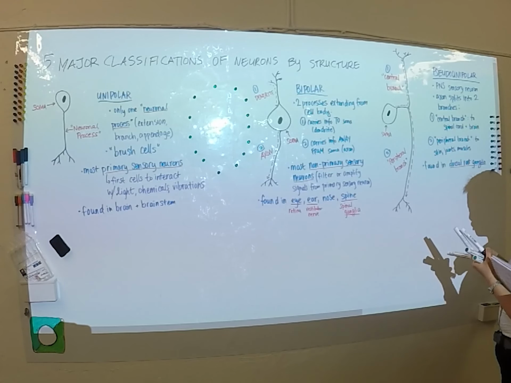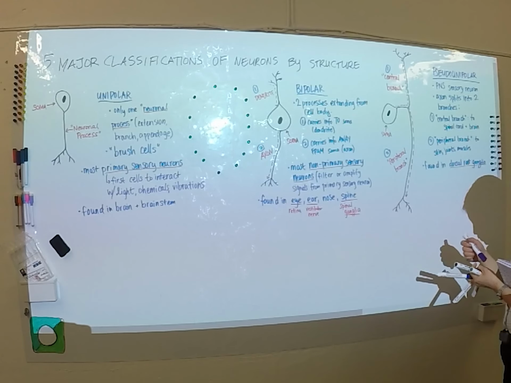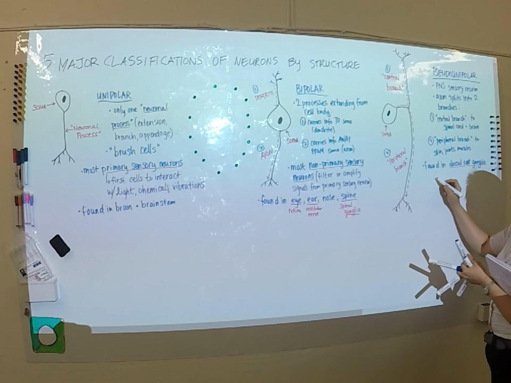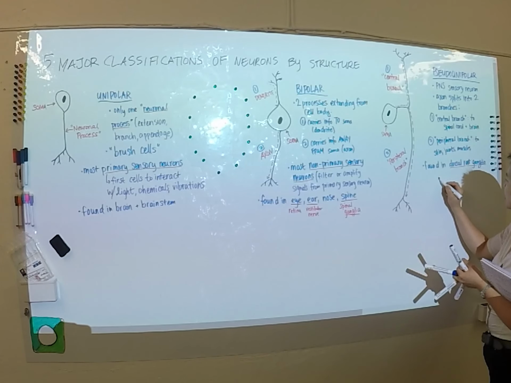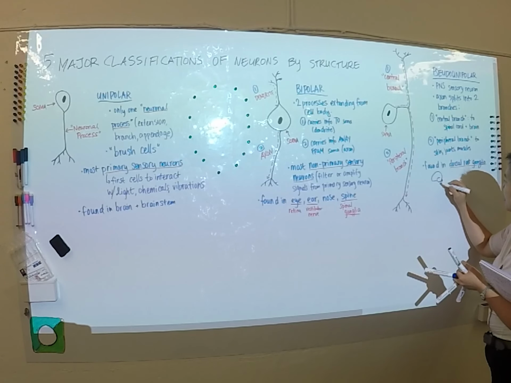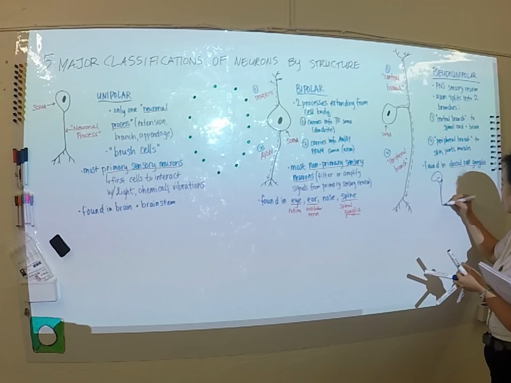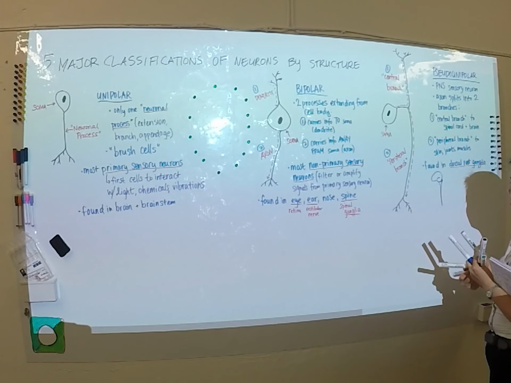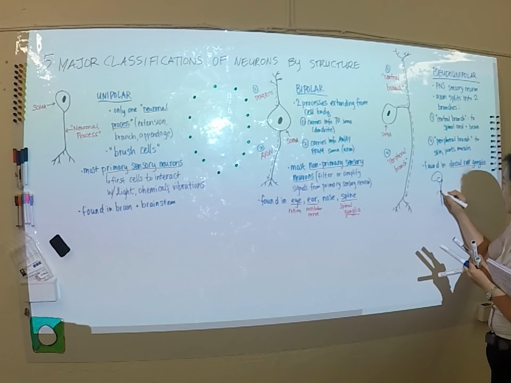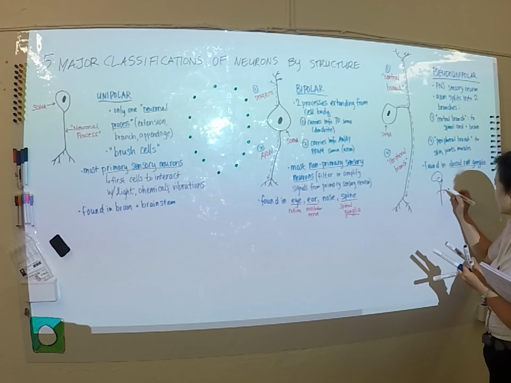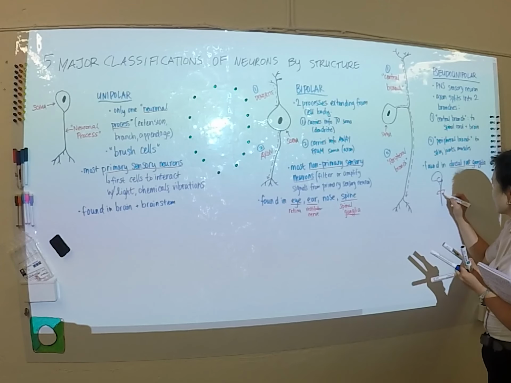So if I were to draw, okay, so let's say that I have myself this cute little brain, and we've got the cerebellum in the back, and then we've got the spinal cord coming down. And if I were to take a knife and cut like this.